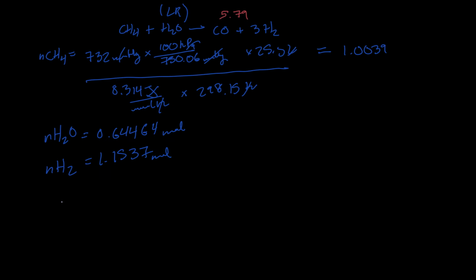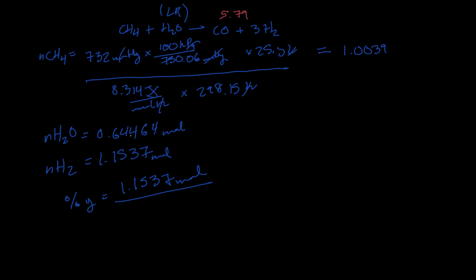All right, so the theoretical yield. I've got to look at the question. I don't remember if we were asked for a theoretical. We're not asked for theoretical, just the percent yield. Okay, so we'll just calculate both of them at the same time then. Sorry about that. So we can do actual over theoretical. In this case, the actual is the amount of moles of hydrogen that we got, divided by the amount that we should have gotten theoretically.